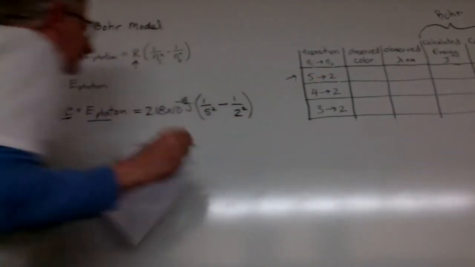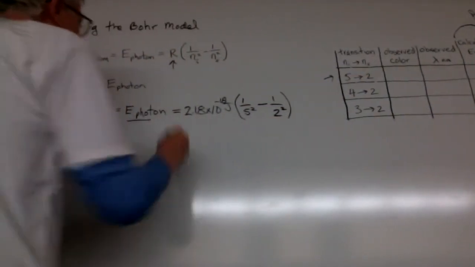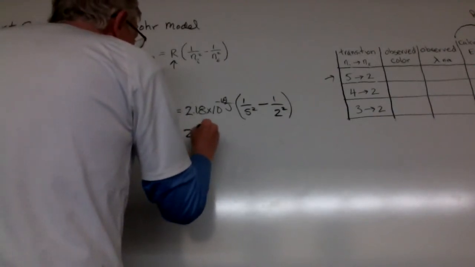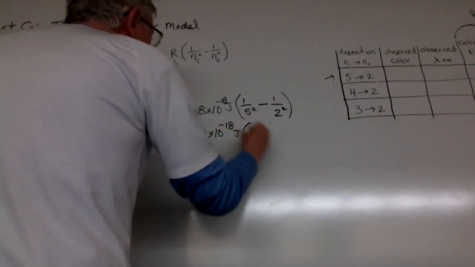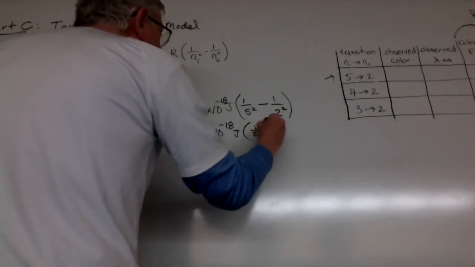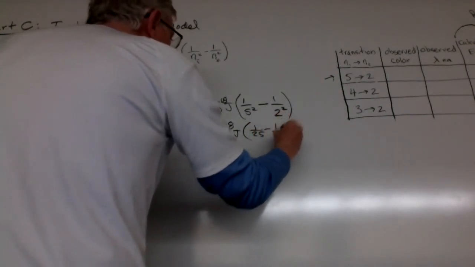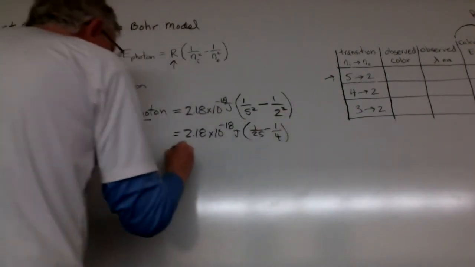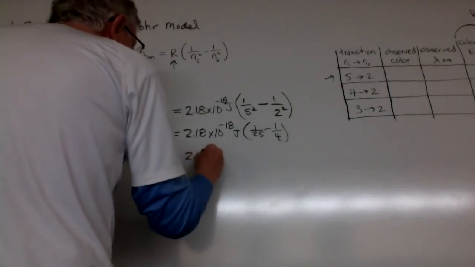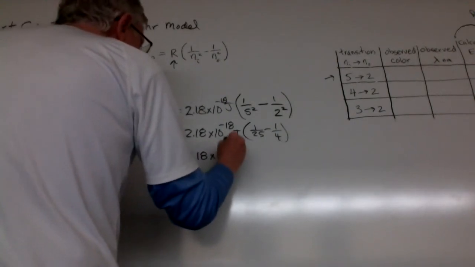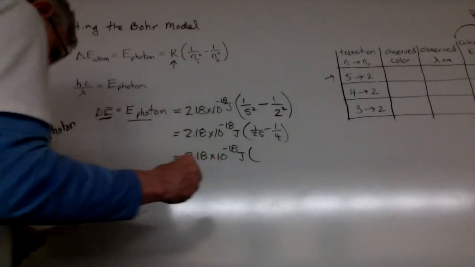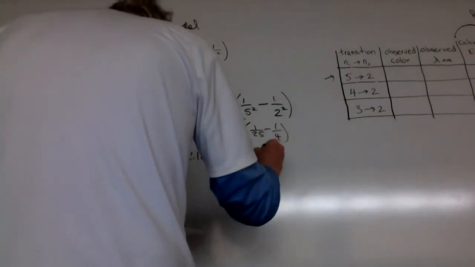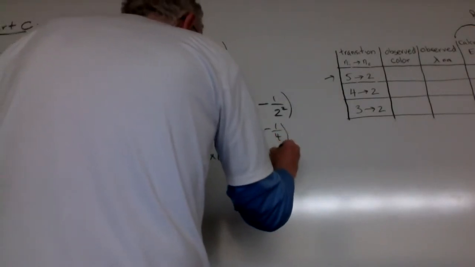Don't forget the square. So that's going to be equal to 2.18 times 10 to the negative 18 joules times 1 over 25 minus 1 over 4. And then you do this again, 2.18 times 10 to the negative 18 joules. And that is equal to negative 0.21.